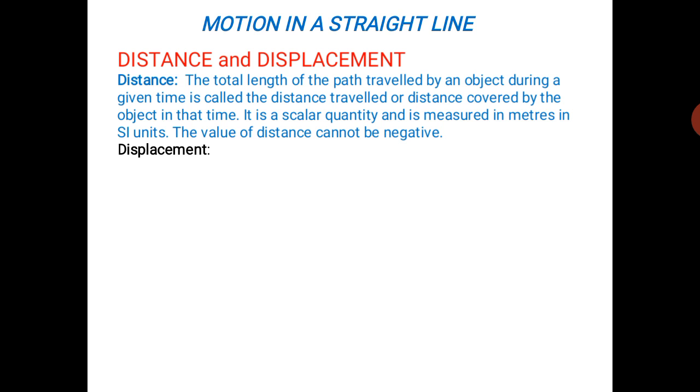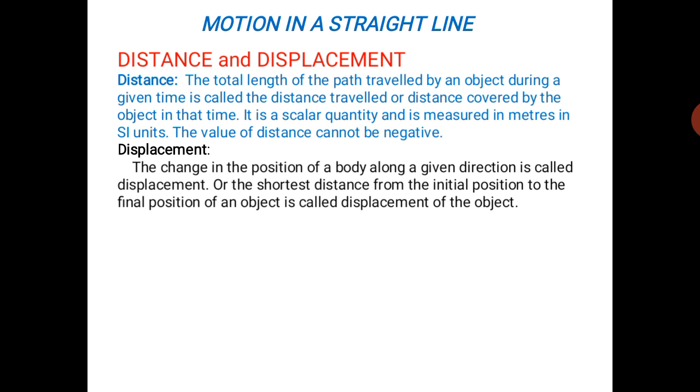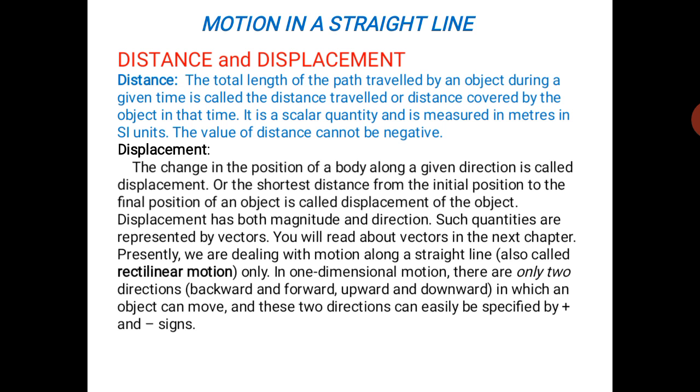Then we can specify, or we can write the displacement. And displacement has the same unit as that of distance. And one more thing you have to remember, if the particle is moving along a straight line, along the same line, then if you measure the distance and displacement, you get the same value.